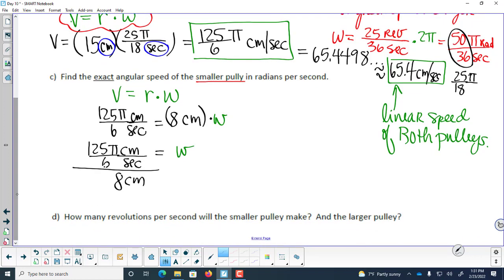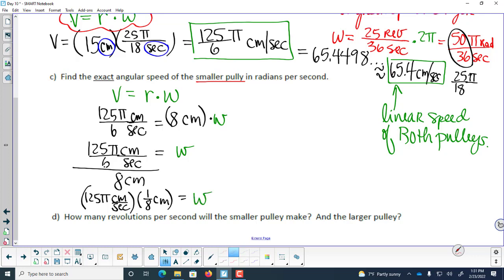But remember, when you're dividing with a fraction, you multiply by the reciprocal. So you could have multiplied by 1/8. So if I write that, it would look like this: 125 pi centimeters per second times 1/8 centimeters, and that's going to give me omega.